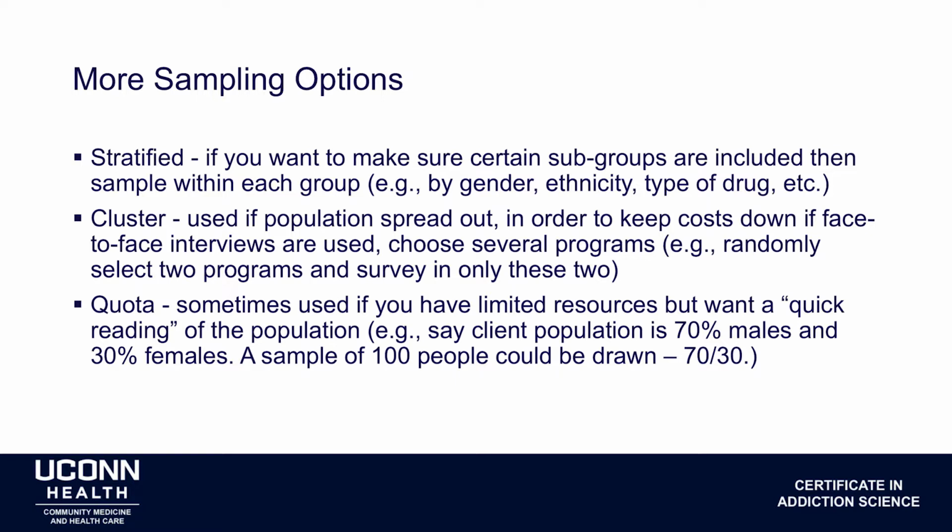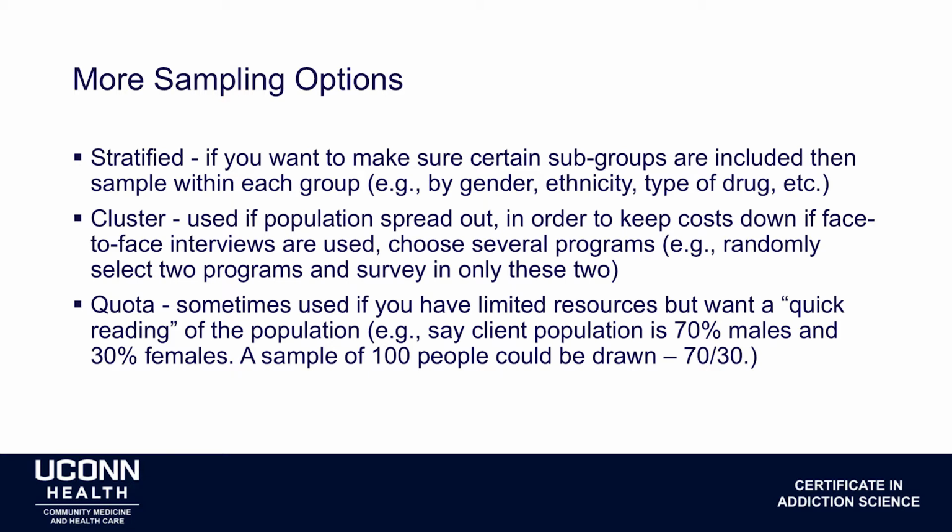Another option is choosing a cluster of programs. If you have more than one program, you can't possibly evaluate every one of them, but you may take one or two or three of them and survey just those.